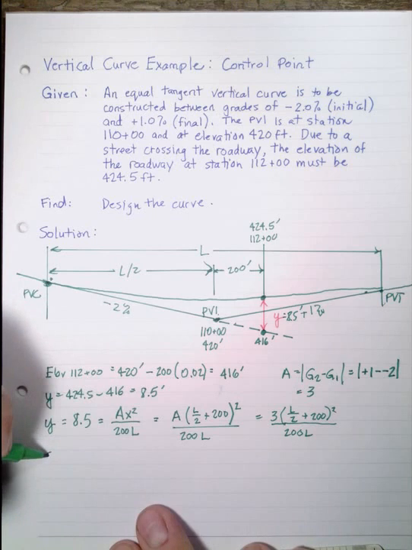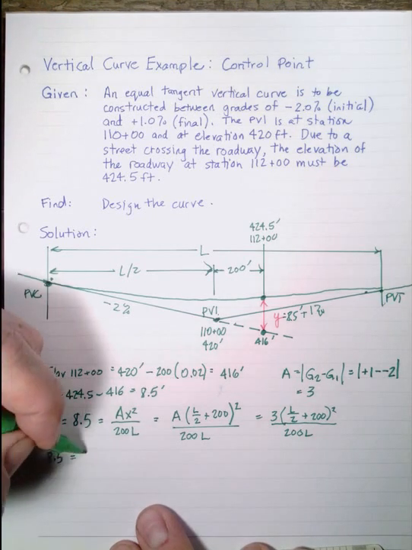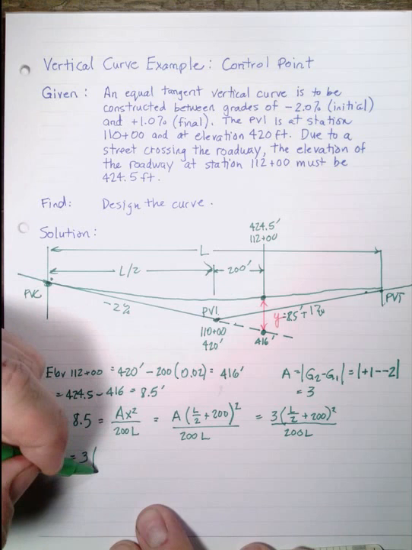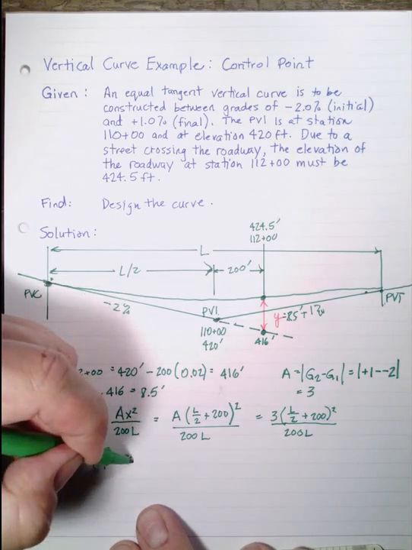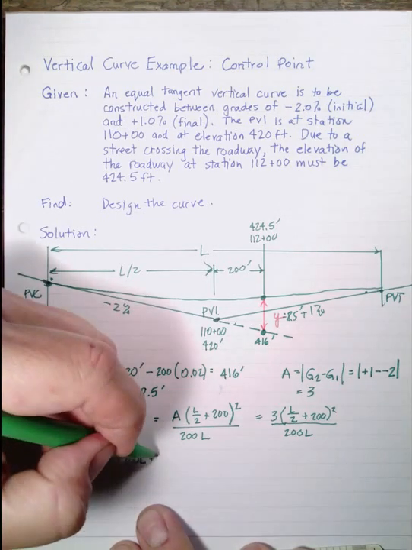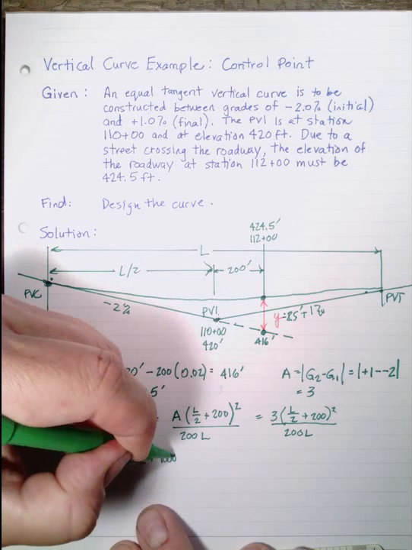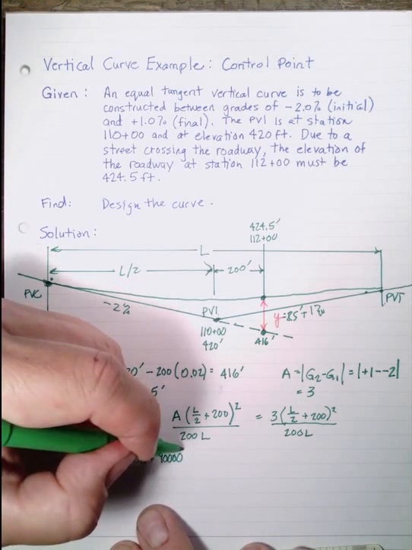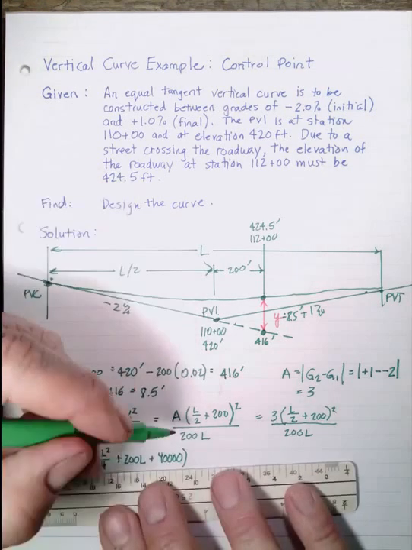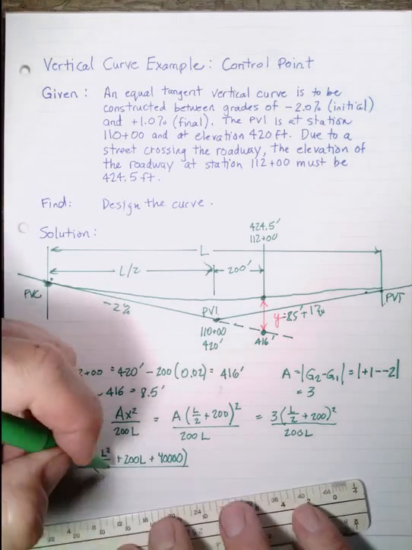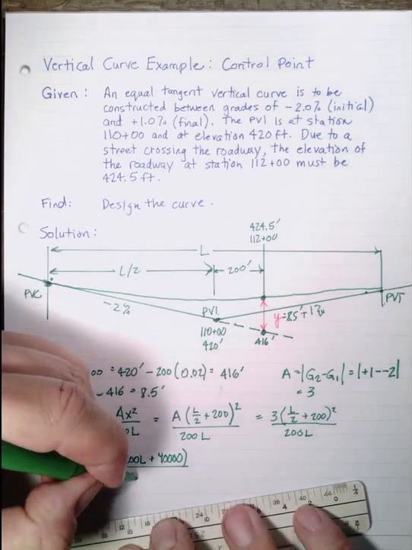So I'm going to simplify this. 8.5 equals 3 times L squared over 4 plus 200L plus 40,000. That's 200 squared, divided by 200L.